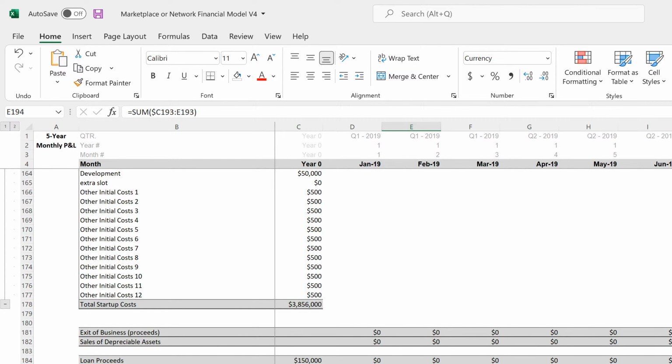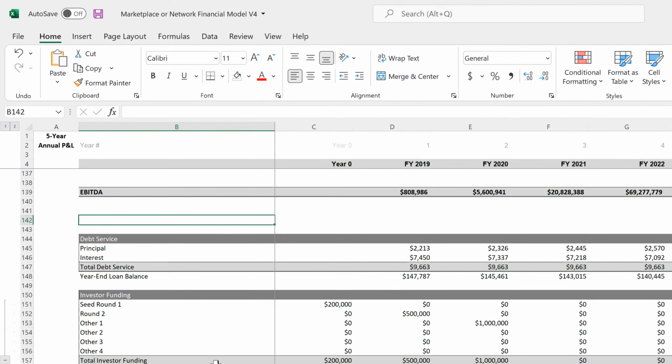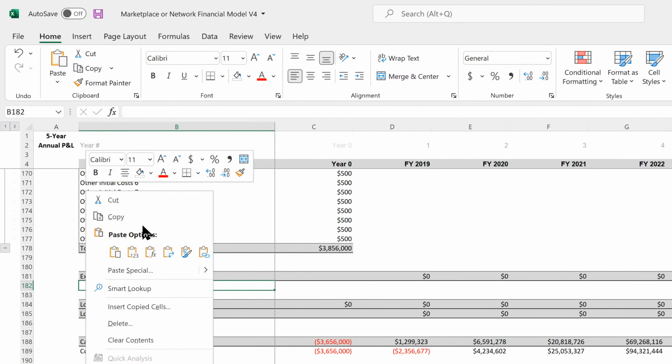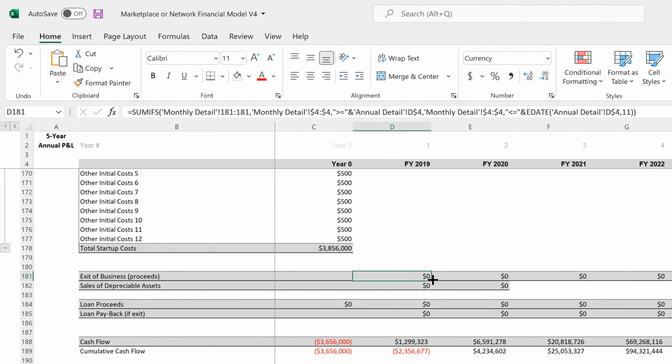Now the question is, do I have everything on the cash flow statement that needs to be? So we edit this. Taxes.